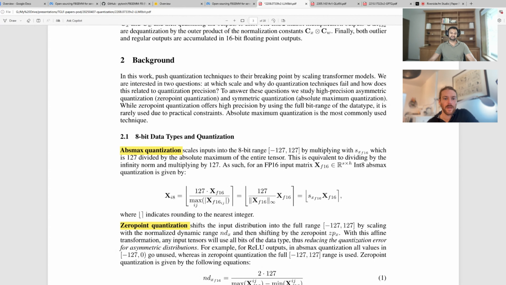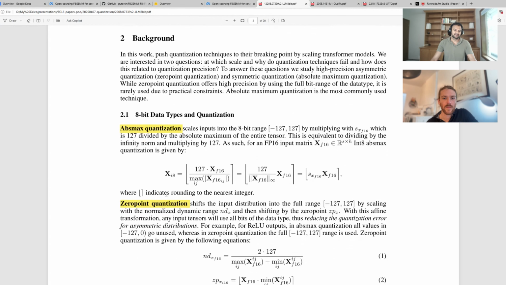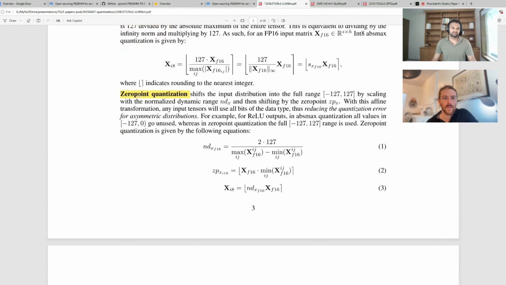They go through each vector, which is, I think, an input vector, and they pick the maximum. They're basically trying to squish weights into the integer range of minus 127 to plus 127, and they do it using the max. In this equation, they scale with a scaling term that is a function of the maximum absolute value.